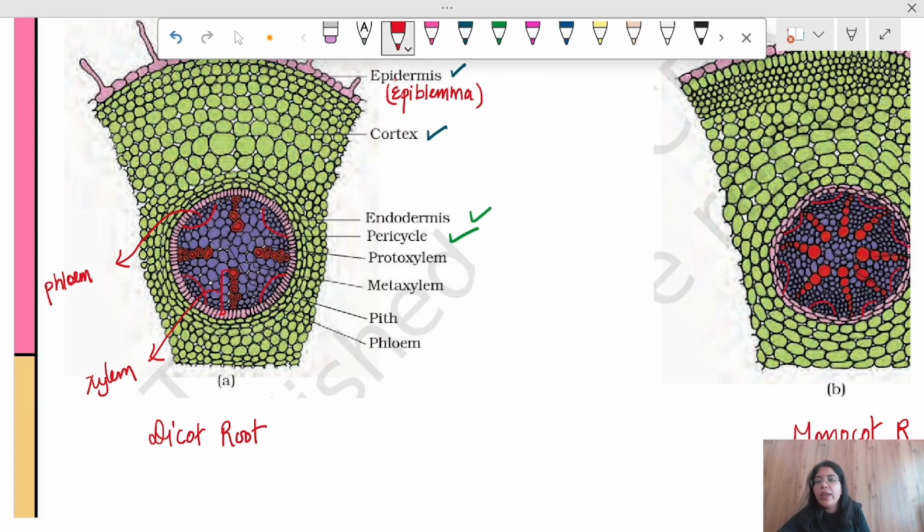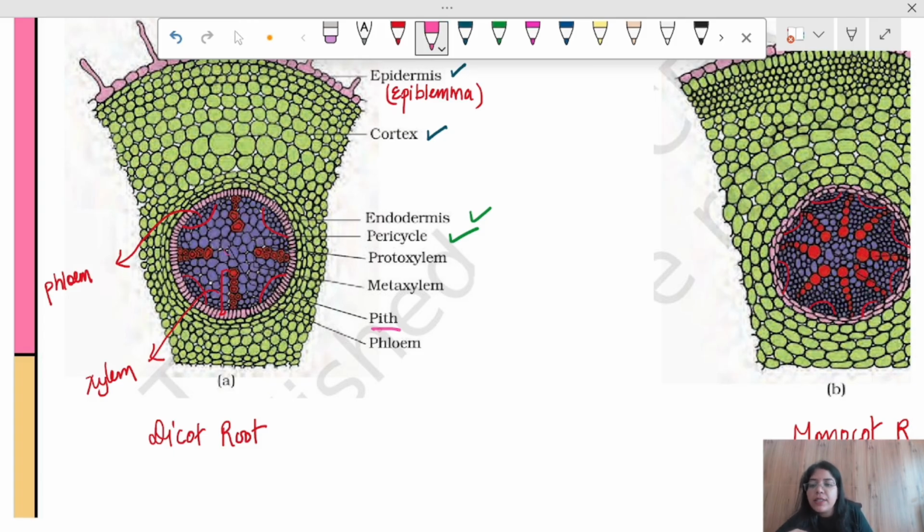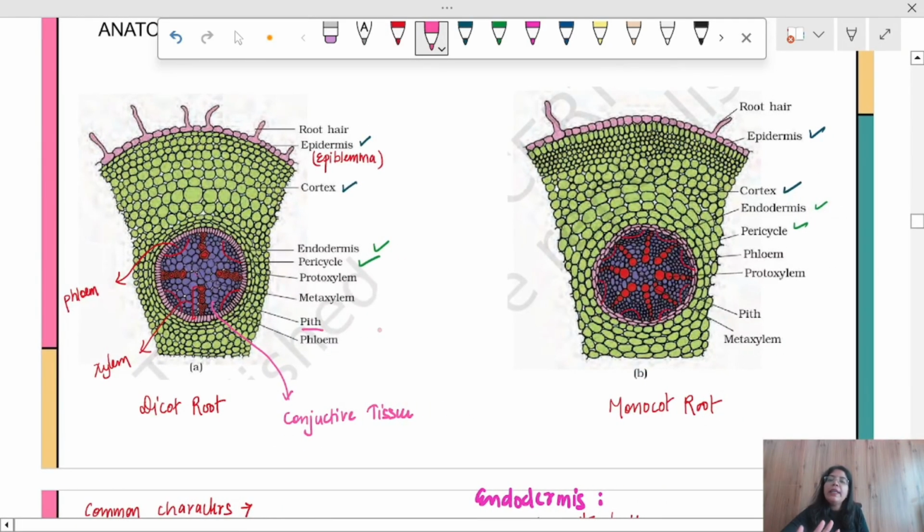Now this part is called pith, and the cells present in between this xylem and phloem are called conjunctive cells. So this tissue is called conjunctive tissue. Same goes for this also. Understood? Fine.